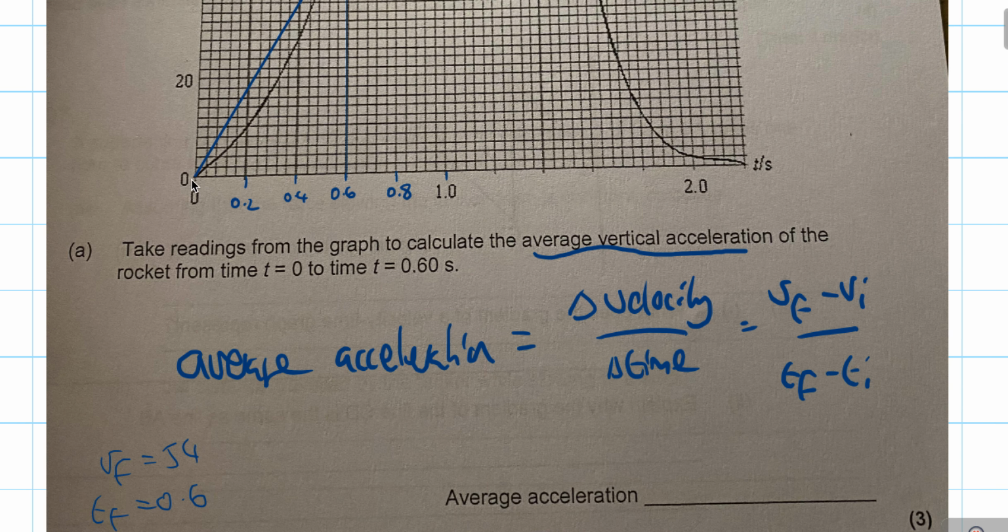So the initial point is at 0, 0, so t initial equals 0 and v initial equals 0. So we're just going to plug the numbers in. So the acceleration is equal to 54 minus 0 divided by 0.6 minus 0, which if you plug into the calculator you're going to get a value of 90 meters per second squared.